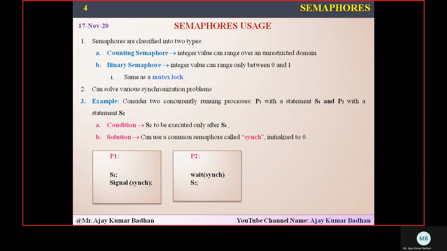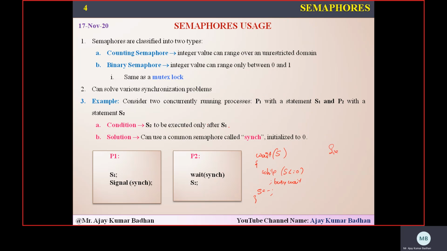See here. Let me write the wait operation first. Wait(S): while S is less than or equal to 0, wait; then S minus minus.